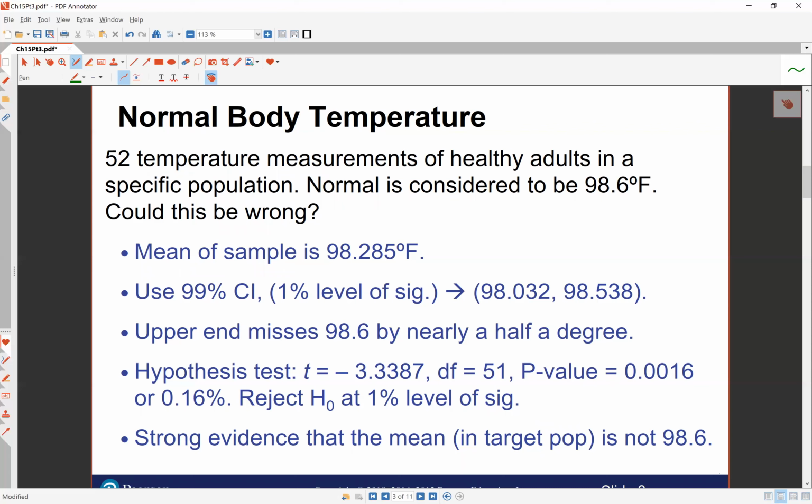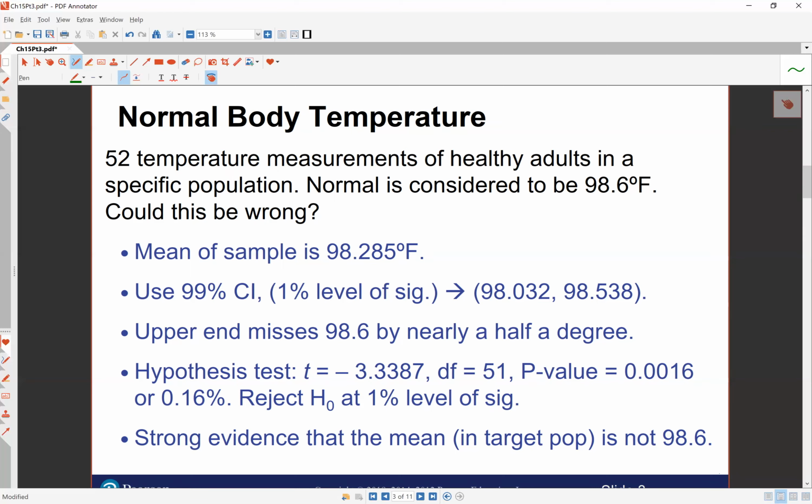But does that apply to all populations in all places at all times? It may not. So this preconceived or status quo value could be wrong. If we take our sample, the mean of this specific sample of 52 healthy individuals is 98.285 degrees. So you can see the sample mean is a little bit lower than the status quo.